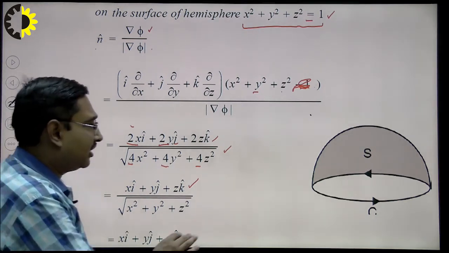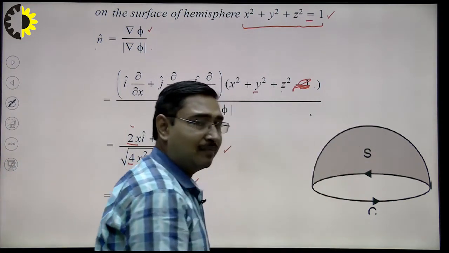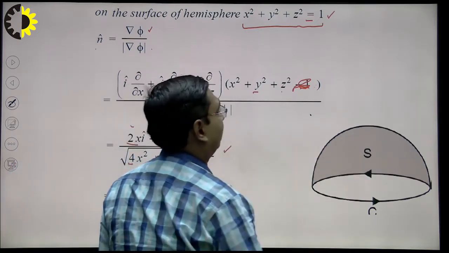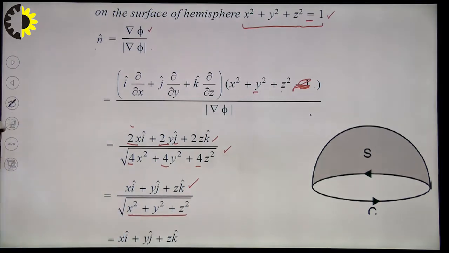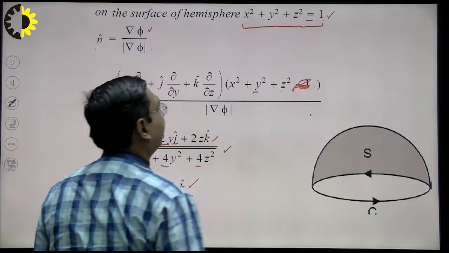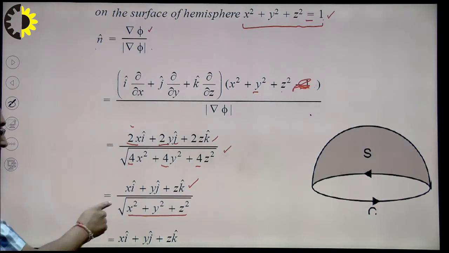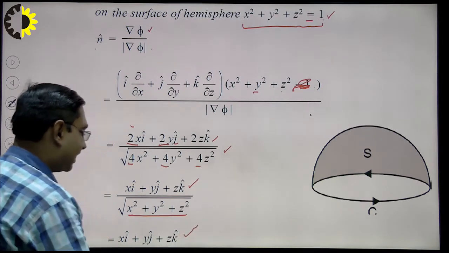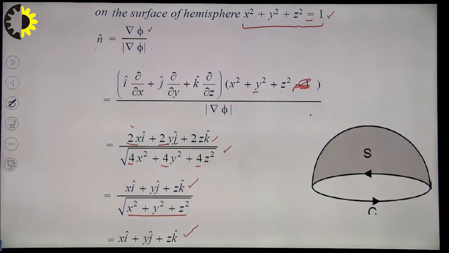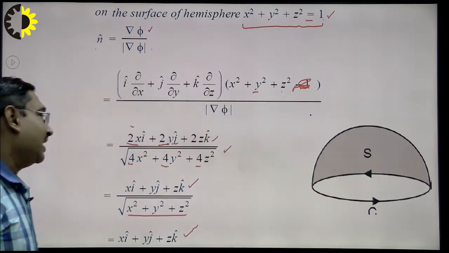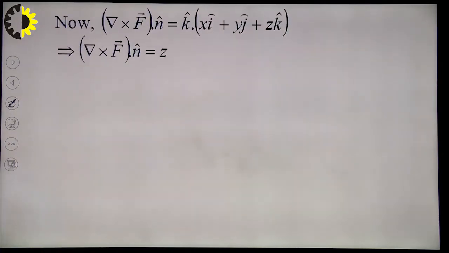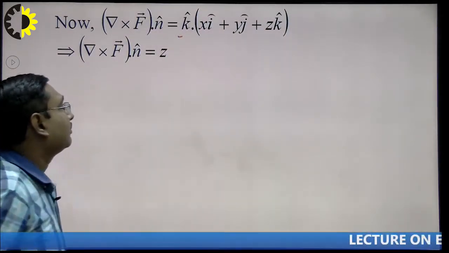Because we are working on this surface, n cap is the normal vector to this surface. Therefore, on this surface x square plus y square plus z square equals 1 can be used, and that is why the term in the denominator disappears and I am left with xi cap plus yj cap plus zk cap, which is the normal vector to this surface S. Del cross F was k cap.